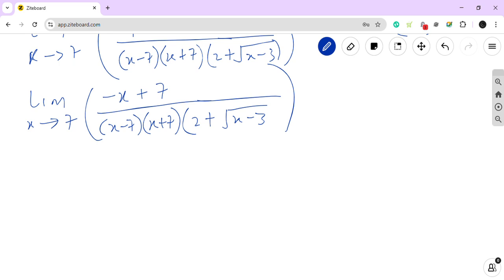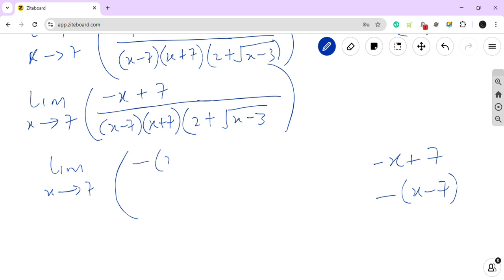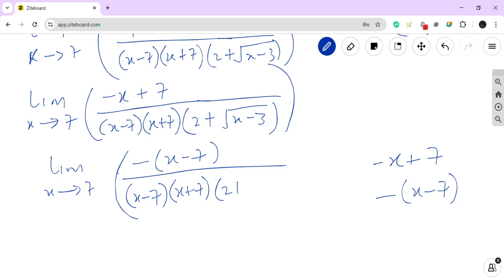Then we write this as the limit as x tends to 7 of minus x plus 7, which can be written as minus into x minus 7, right? Now what I did is I factorized the negative, so that will be minus into x minus 7, over x minus 7, x plus 7, into 2 plus root x minus 3.